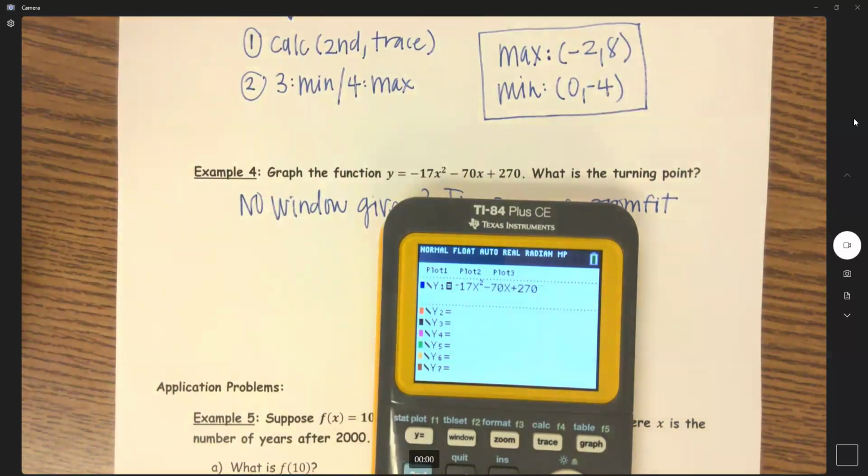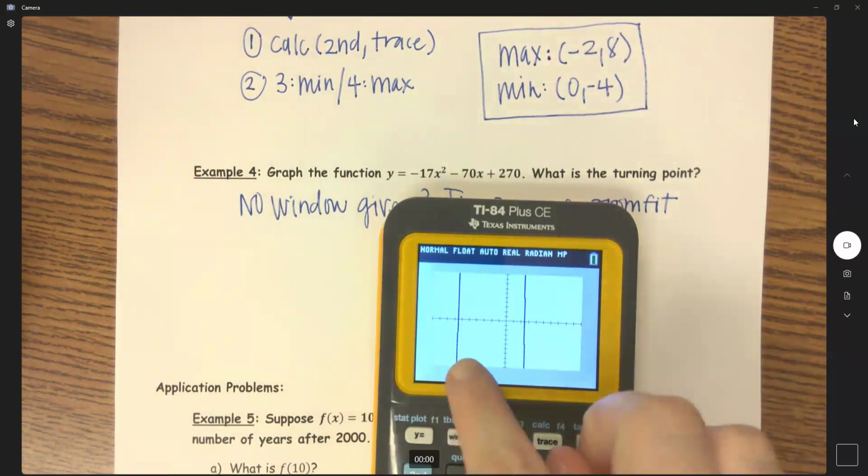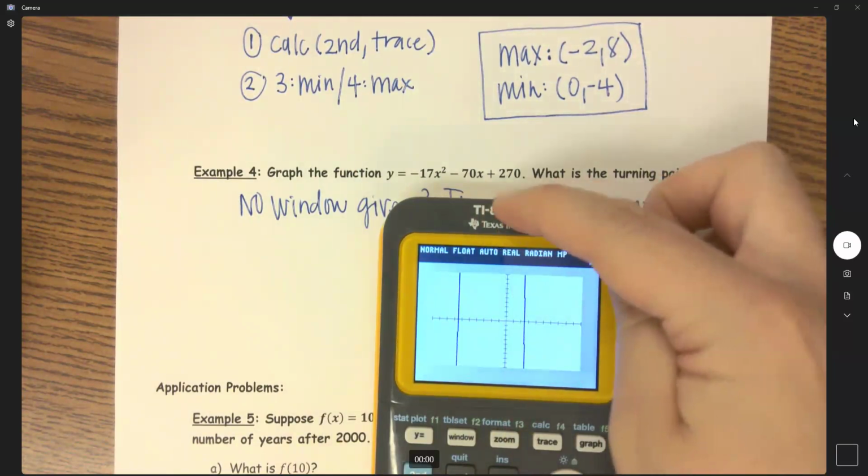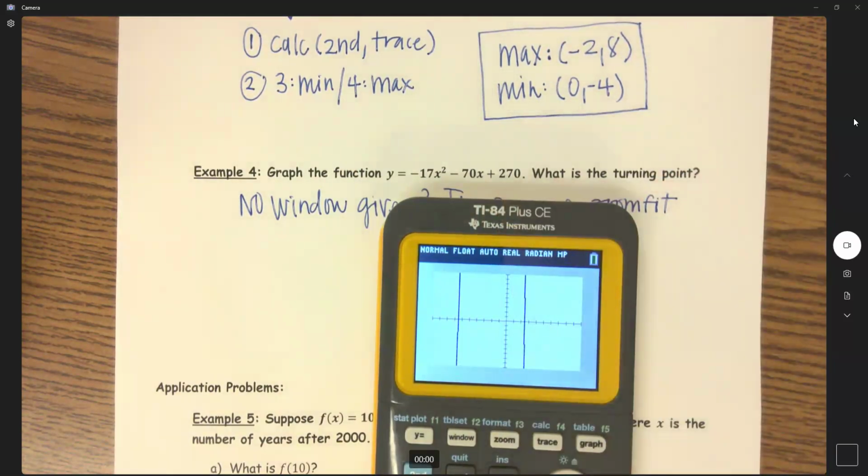So I'm actually just going to go ahead and hit graph really quickly. That is what I get. So it went up, it came back down, means my turning point is way up here, but I don't see that. So I'm too zoomed in, my window is just not correct.